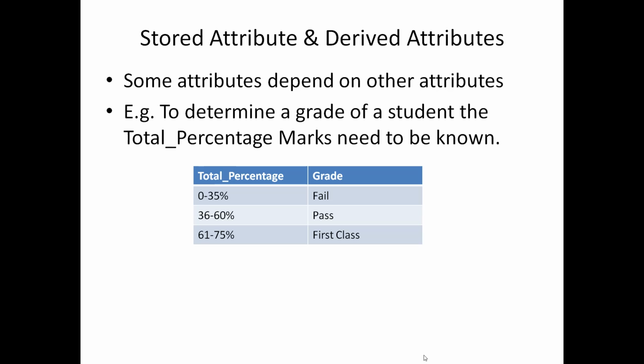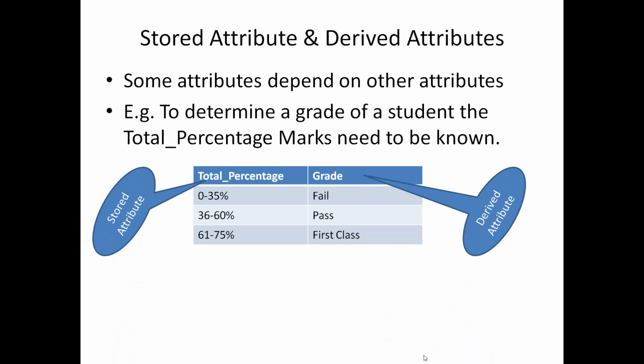But you can derive something called a grade from the percentage of marks. You will always see in your mark sheet, like 0 to 35% is fail, 36 to 60% is pass, something like that. So the total percentage becomes a stored attribute, but what I can derive out of it is called a grade attribute. So that's where stored and derived attributes come from. So this is the stored attribute and this is the derived attribute.